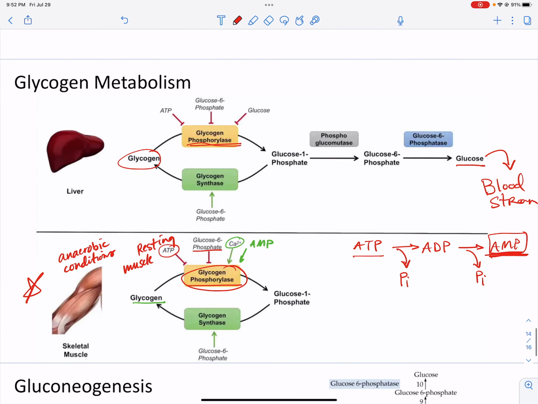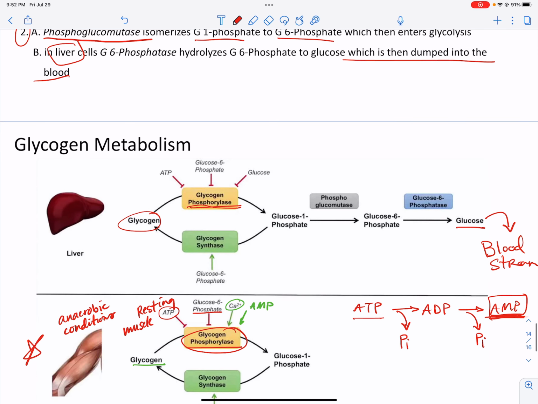The purpose of glycogenolysis in the muscle is so that we can quickly regenerate ATP if our muscle's getting ready to do some work. But the purpose of glycogenolysis in the liver is so that we can make free glucose to adjust our blood sugar concentration, the concentration of glucose in the bloodstream.